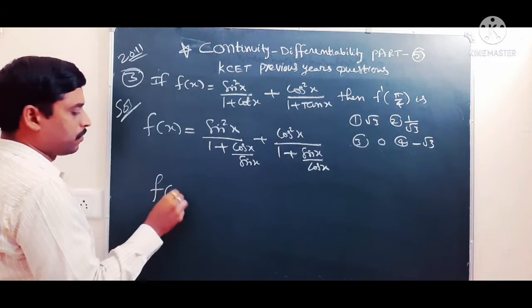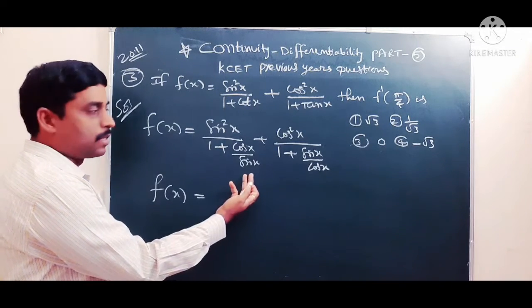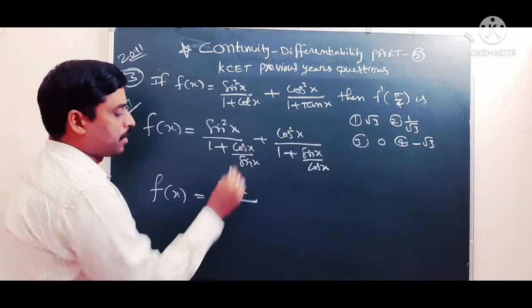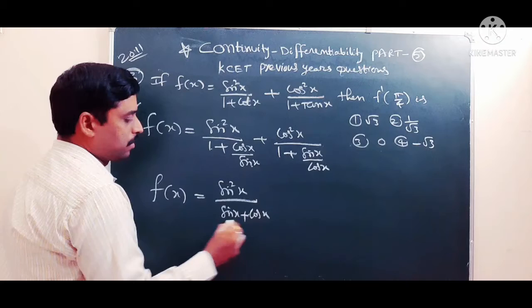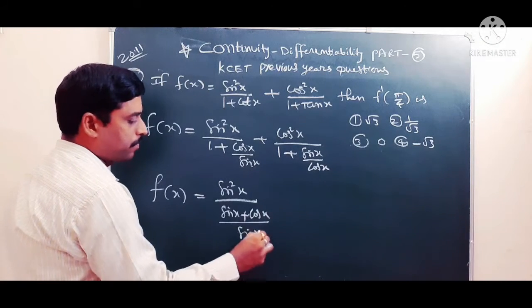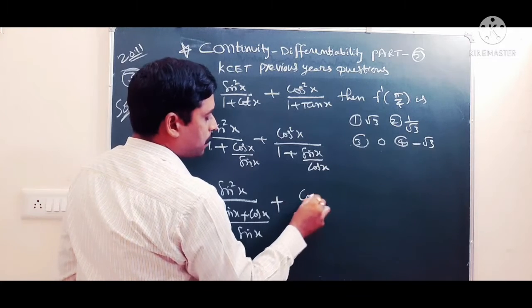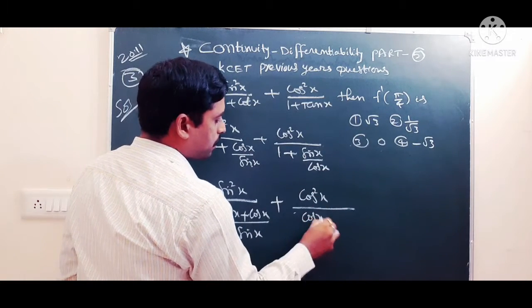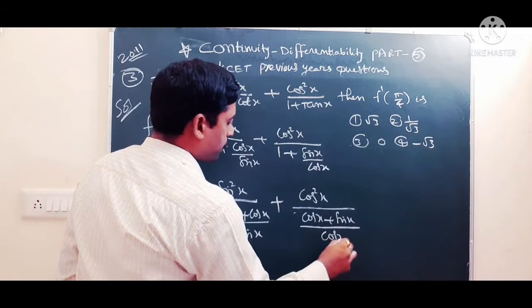Now, f of x is equal to, so let us do the LCM. Sin x is the LCM. So sin square x by sin x plus cos x, this whole divided by sin x. In this, the LCM is also cos x: cos square x by cos x plus sin x, this whole divided by cos x.